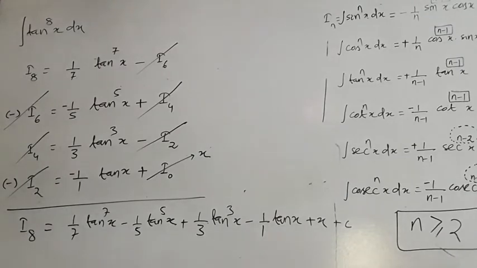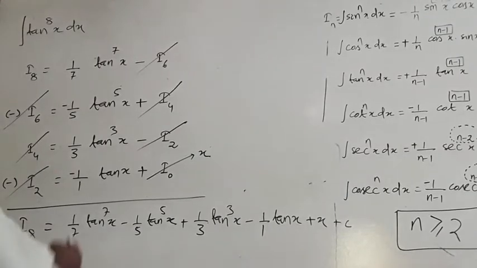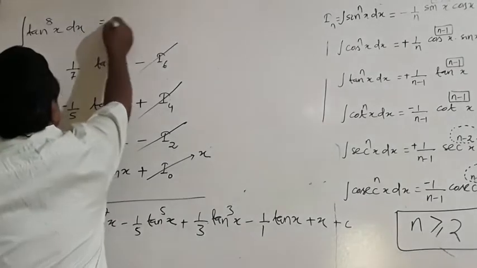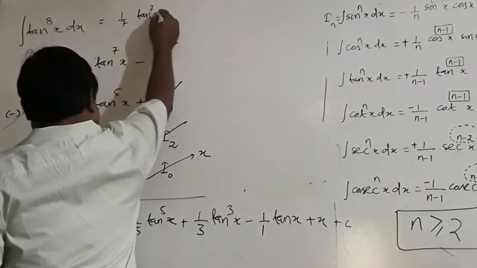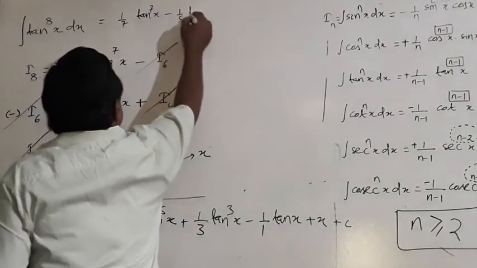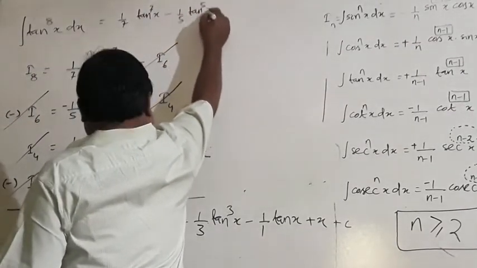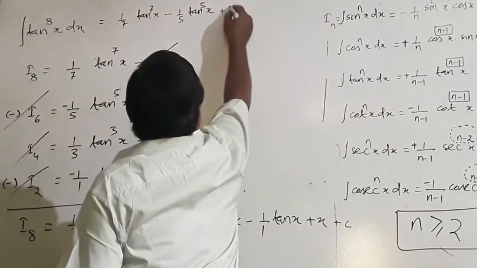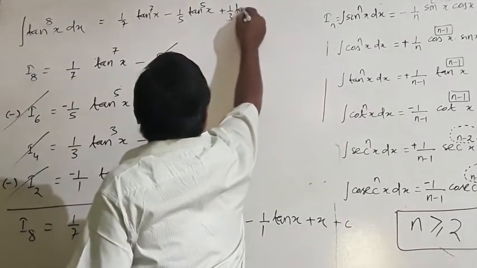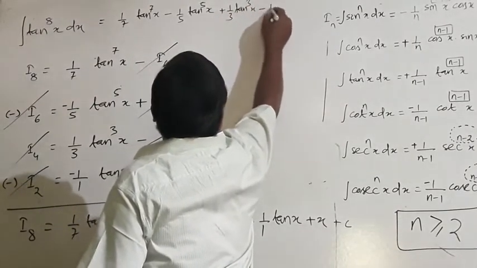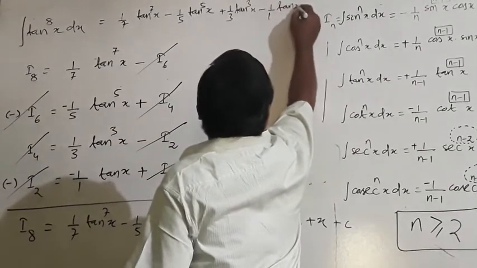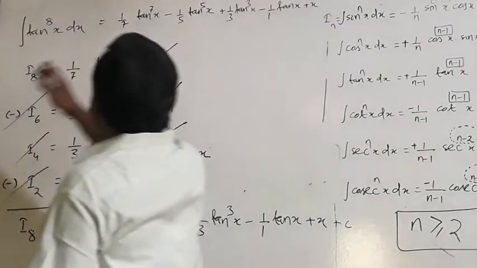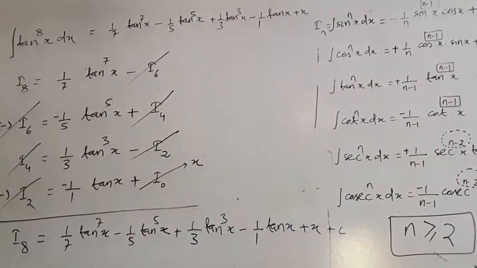If someone asks you for the integration, I am writing the formula here: 1 by 7 tan 7 minus 1 by 5 tan 5 plus 1 by 3 tan cube minus 1 by 1 tan x plus x. It is the direct formula you can use.